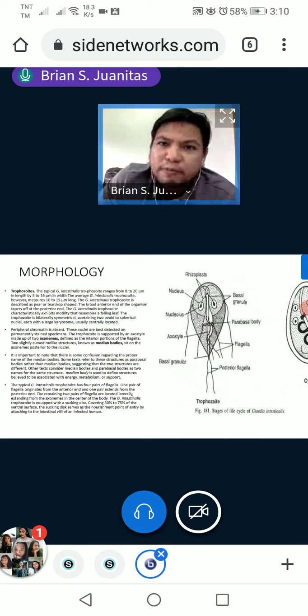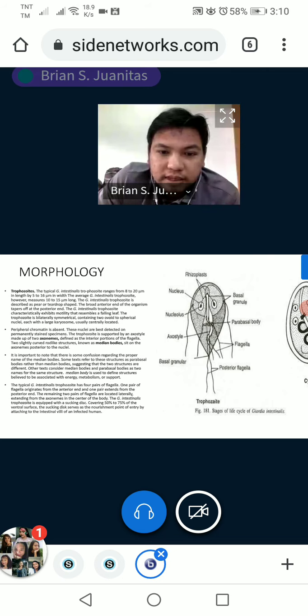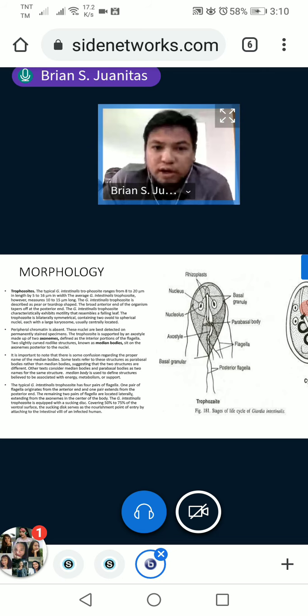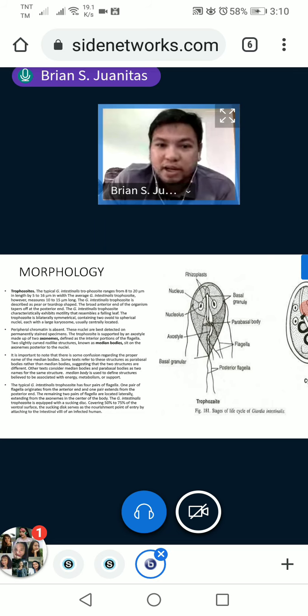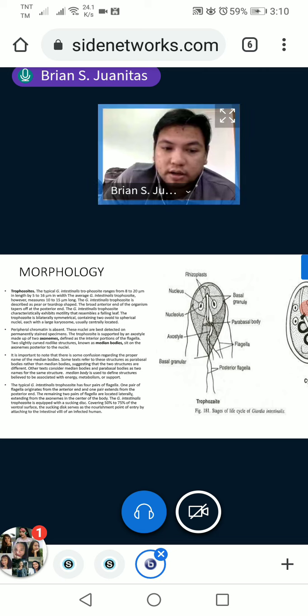Ano ba yung falling leaf motility, class? Okay, tingnan natin. Of course, nakakita naman siguro kayo ng falling leaf, no? Except doon sa mga hindi lumalabas sa bahay, or hindi pa nakakita ng puno. So, meron akong picture here, or video rather, of the microscopic appearance of a Giardia lamblia trophozoite.